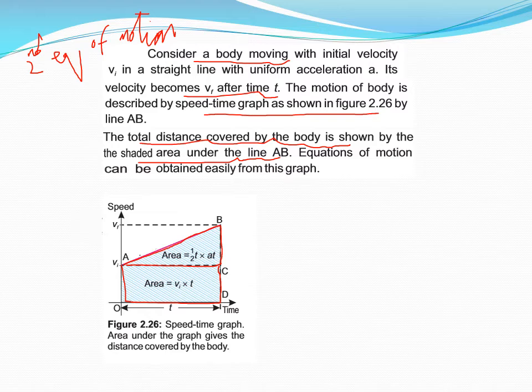So the area shaded under the line AB gives you the distance, and this distance is obtained by considering the area of this triangle and this rectangle. After summing these two areas, we finally get the distance covered by the body.